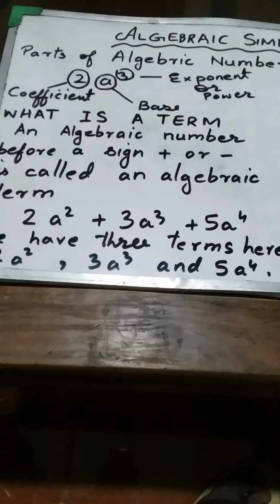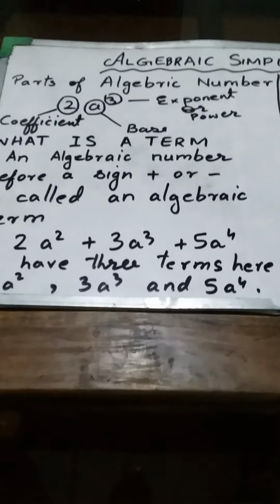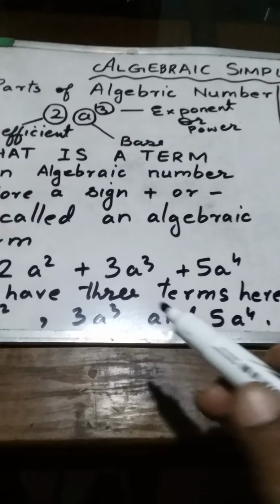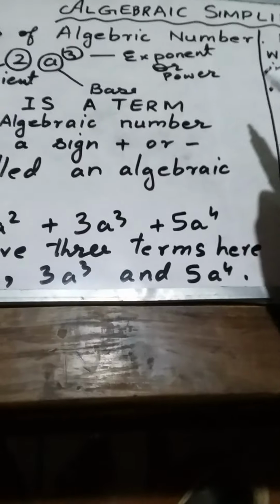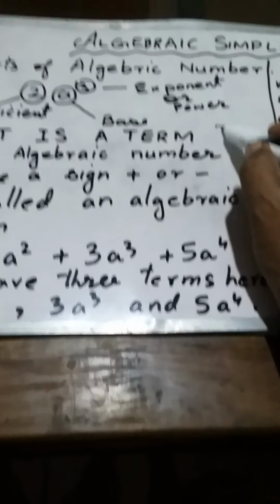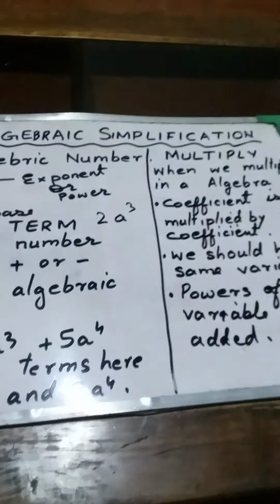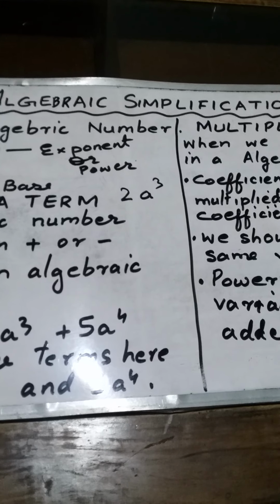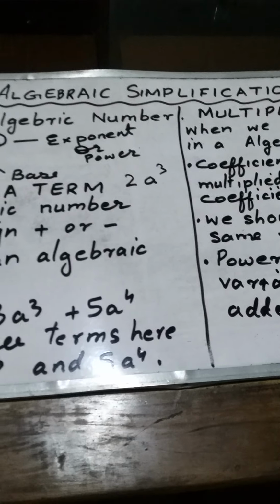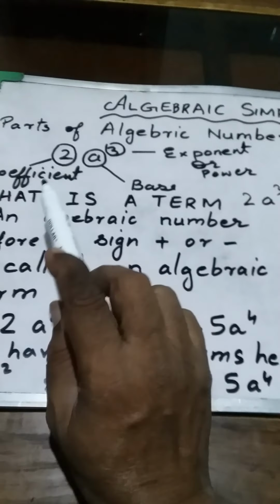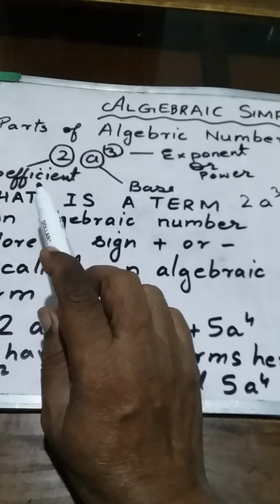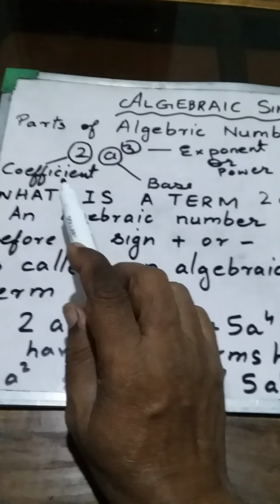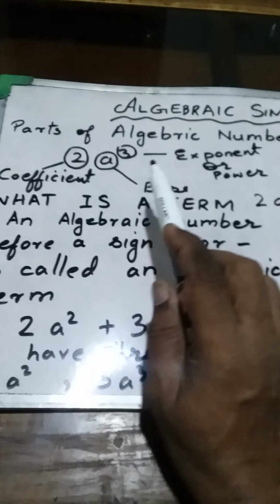See, an algebraic expression always has three components. If we have 2a cube, this is an algebraic number. This 2 is called the coefficient, which is always attached to the left side of the variable.